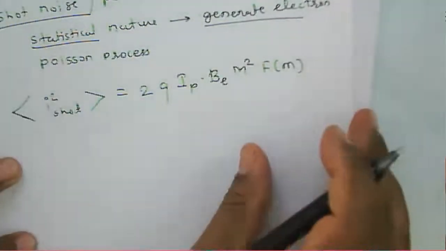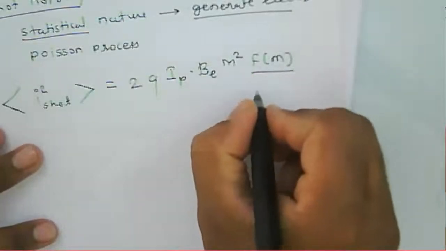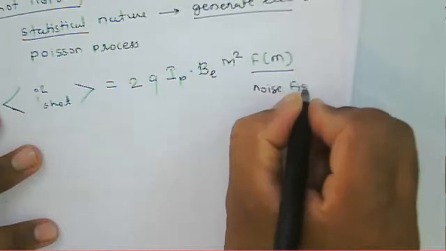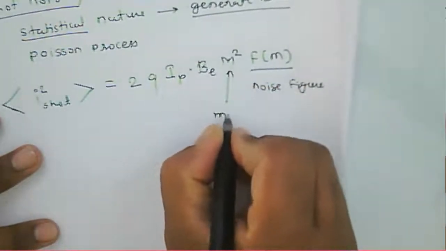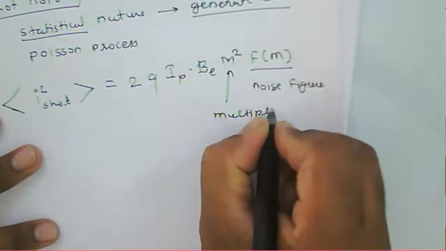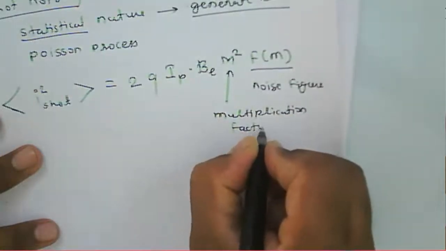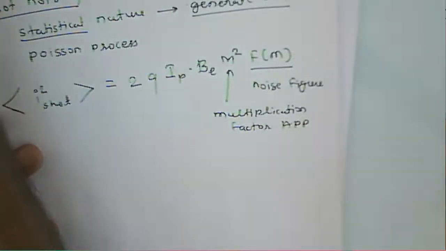Now F of M is the noise figure, and M is the multiplication factor for the avalanche photodiode.